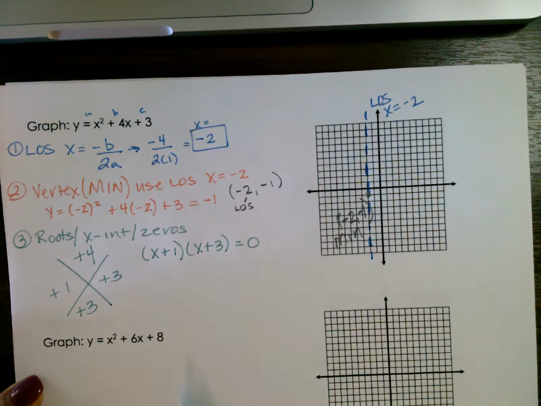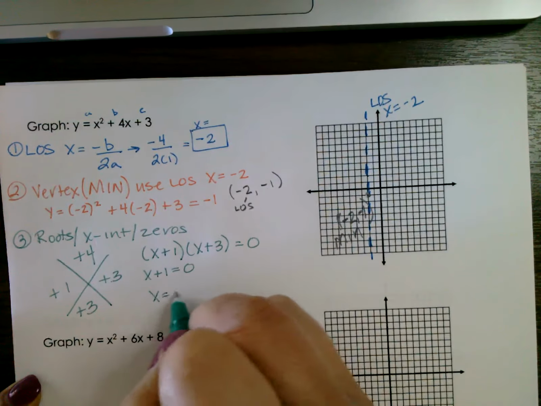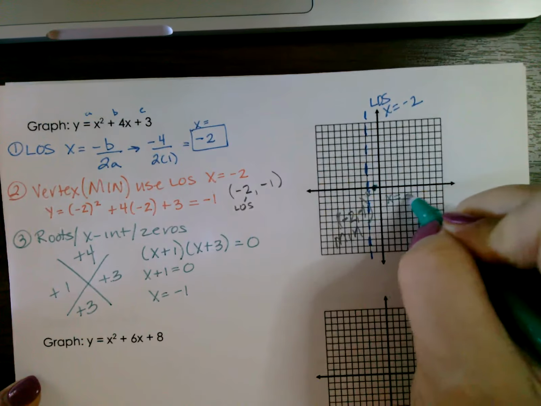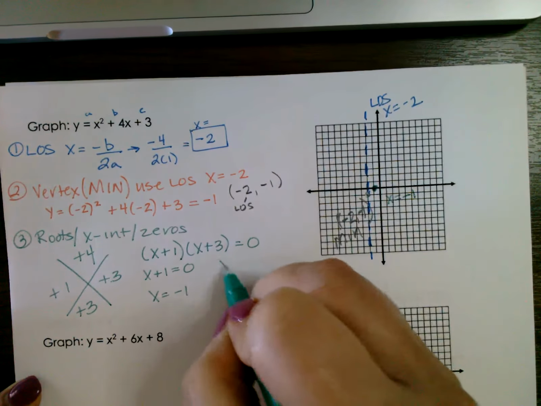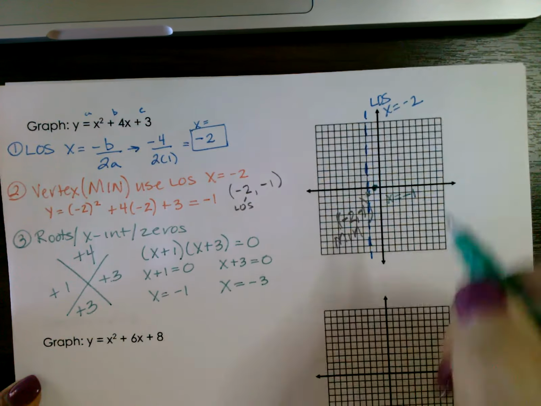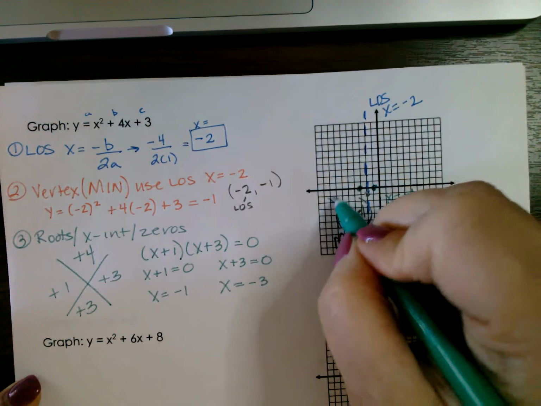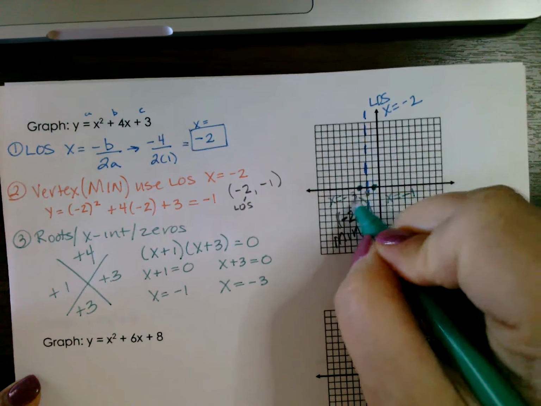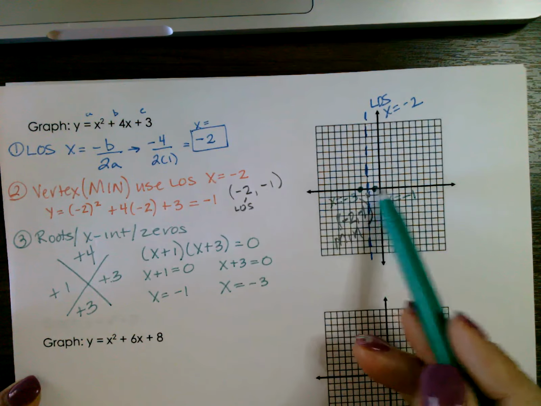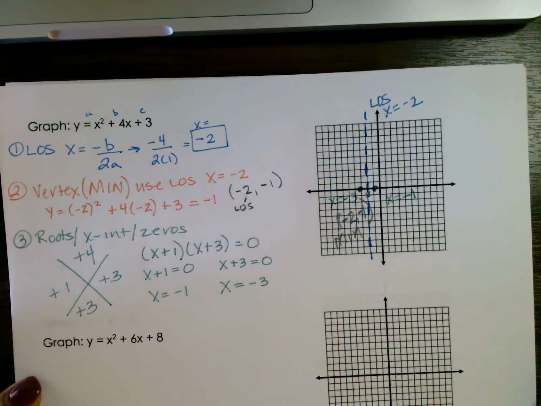And now we will solve. There is negative 1, one root right here. And then I solve the second one. And our second root is x equals negative 3. Well, notice they are each 1 away from the line of symmetry, so if I could fold, that'd be great.